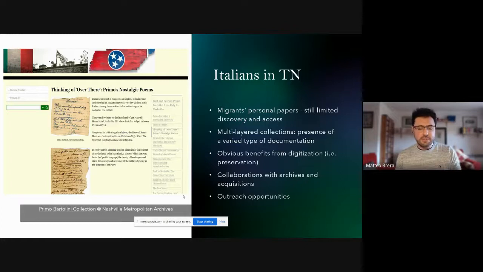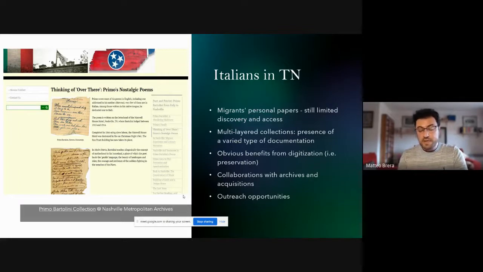It was a bit of old-style research, tracing back the last of Bartolini's family members, and convincing her, first of all, that I wasn't a burglar trying to enter her house, and instead I was interested in her dad's papers, and then discovering them in the attic.